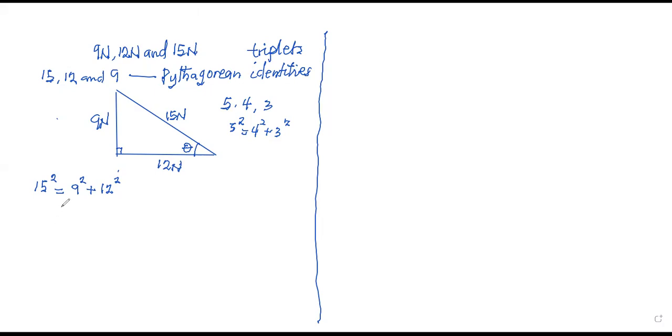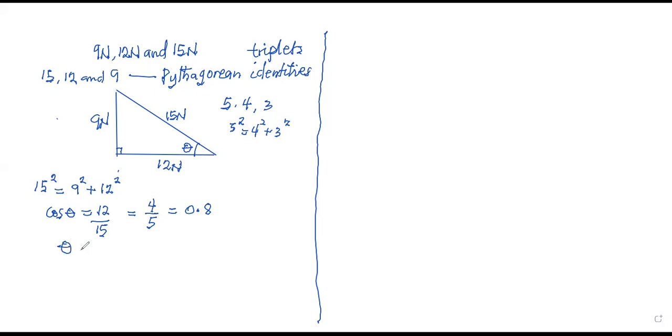Taking the cosine of the angle, it is the adjacent 12 divided by the hypotenuse 15, which is equal to 4 on 5, which is 0.8.